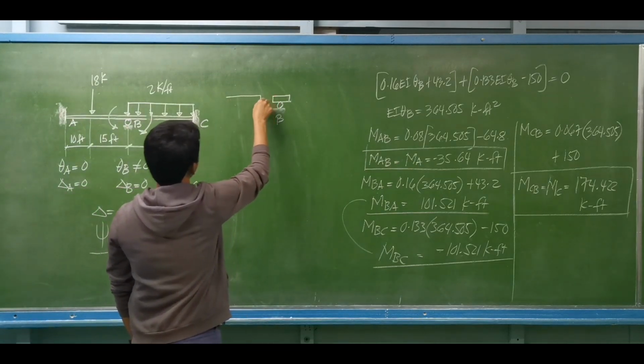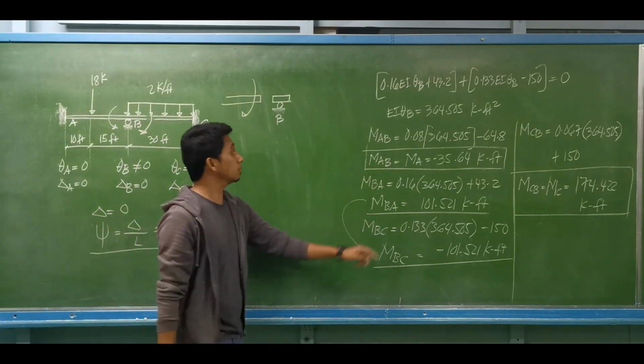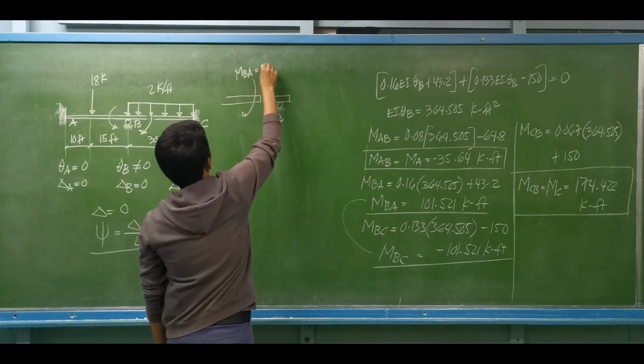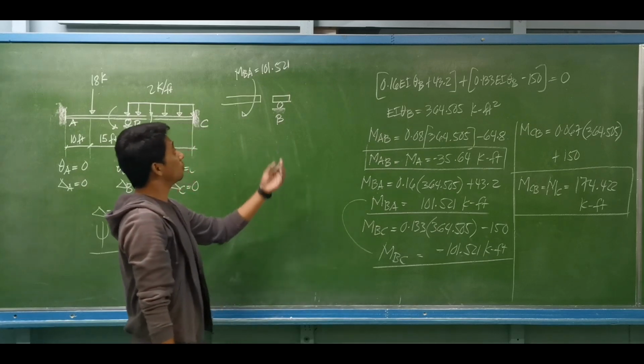If we cut that section, we have a positive moment, that is moment BA, equal to 101.521. That is a clockwise moment.